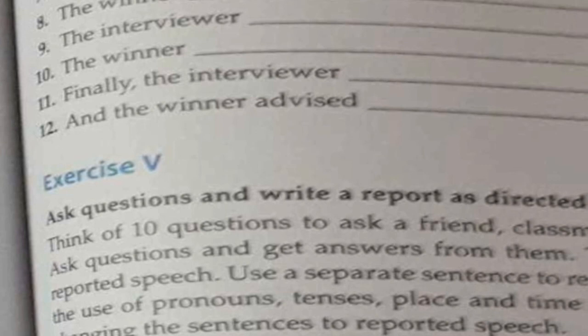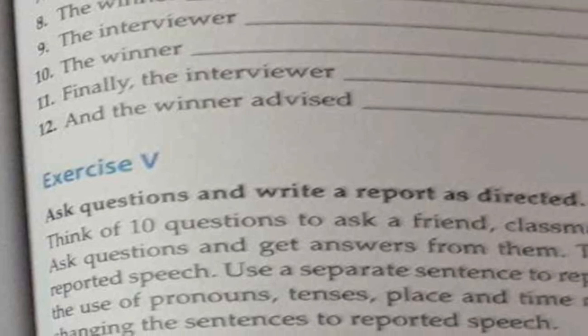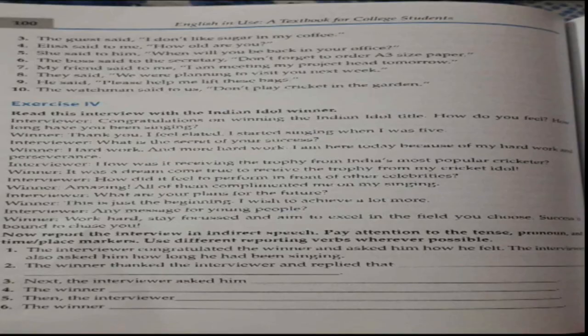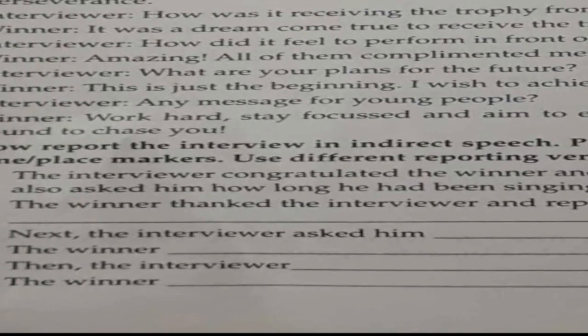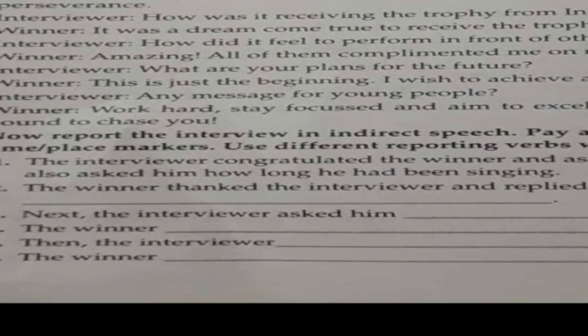Then the sixth one, the winner asserted, and a blank is given. The winner asserted that it had been a dream come true to receive the trophy from his cricket idol.